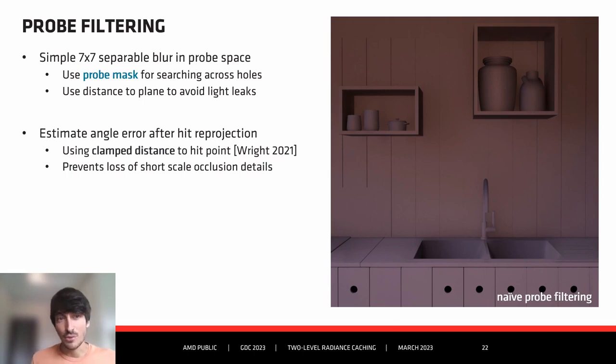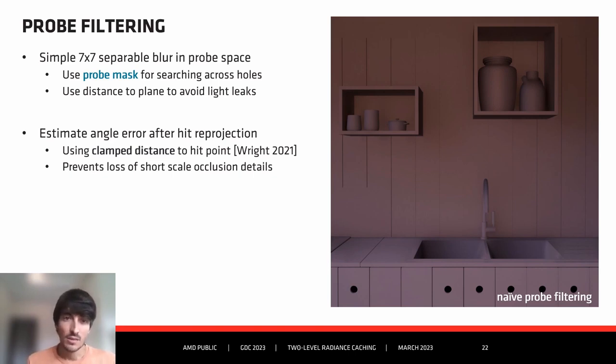It's very straightforward, with a simple 7x7 separable blur in probe space, using the probe mask to search across holes, and a distance-to-plane kind of bilateral weight to avoid light leaking.